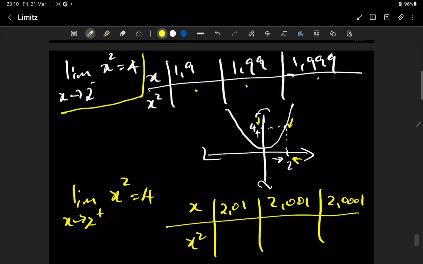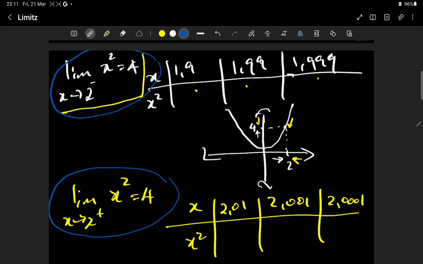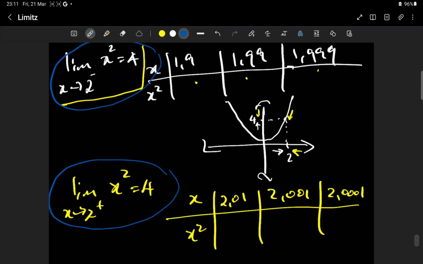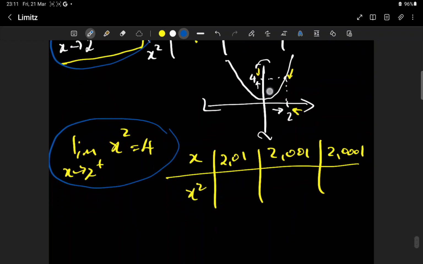So what are you noticing here? You are seeing that the limit as x tends to 2 from the right is 4, and when x tends to 2 from the left it is also 4, right? So actually we have a rule on this. It's actually a theorem.